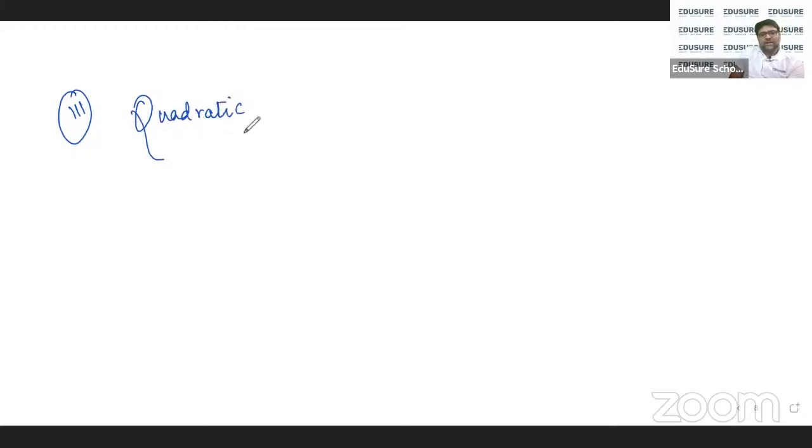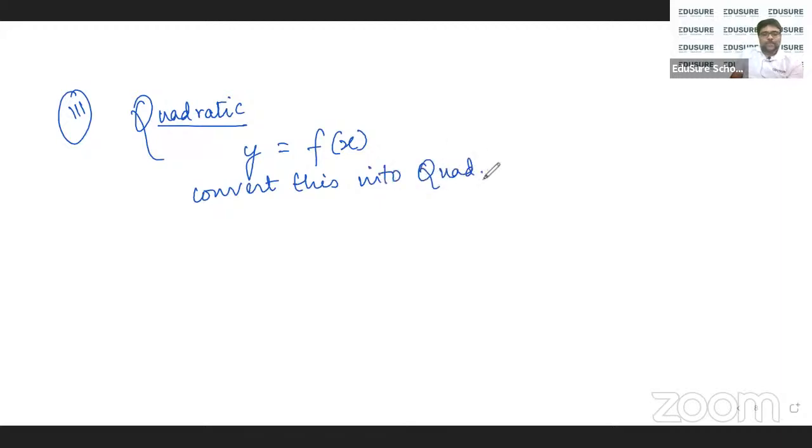Now, what is the quadratic approach? Quadratic approach is basically whenever I have y is equal to some sort of function of x, convert this into a quadratic, if possible. If it happens, amazing, well and good.